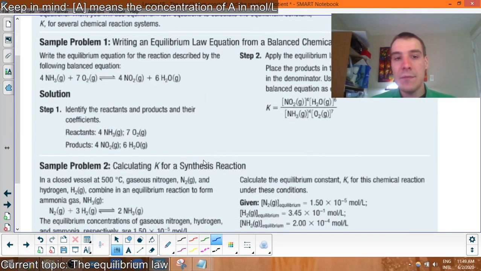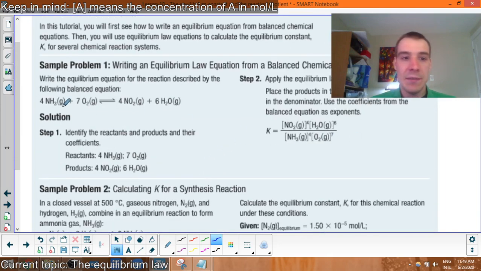Okay. There's some questions in your book that you could do. This one's showing a reaction 4NH3 plus 7O2 to 4NO2 plus 6H2O. And the question is just creating the law. So here K is going to be the products, NO2 to the 4 comes from that 4 in front of it, H2O to the 6, because there's 6.